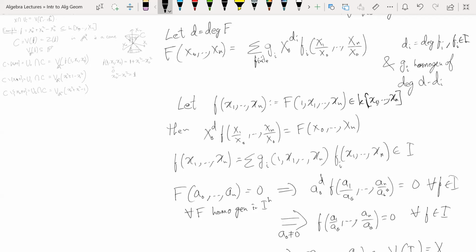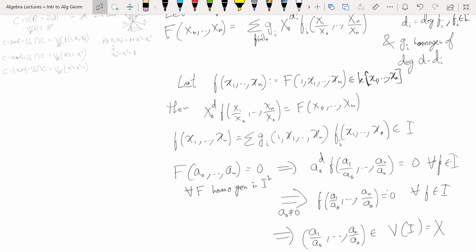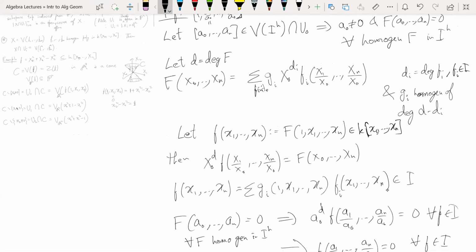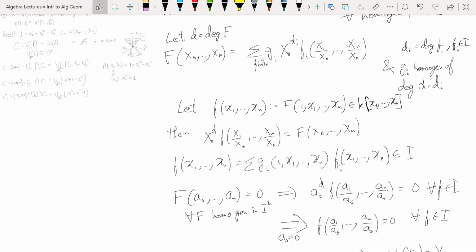So if you plug 1 into this expression, then you get this. That tells you that little f(x1,...,xn) is in I, because these small fi's were in I. So we got that this f is in I.